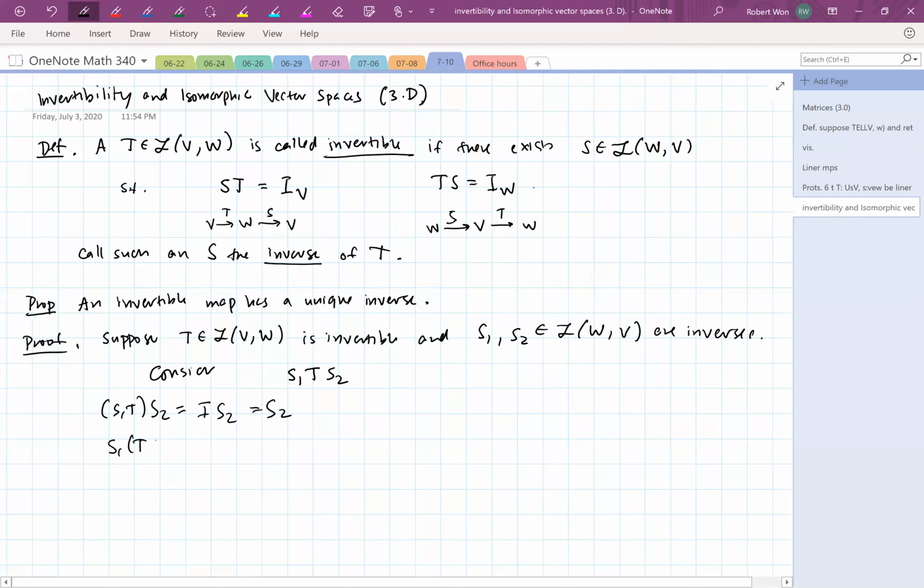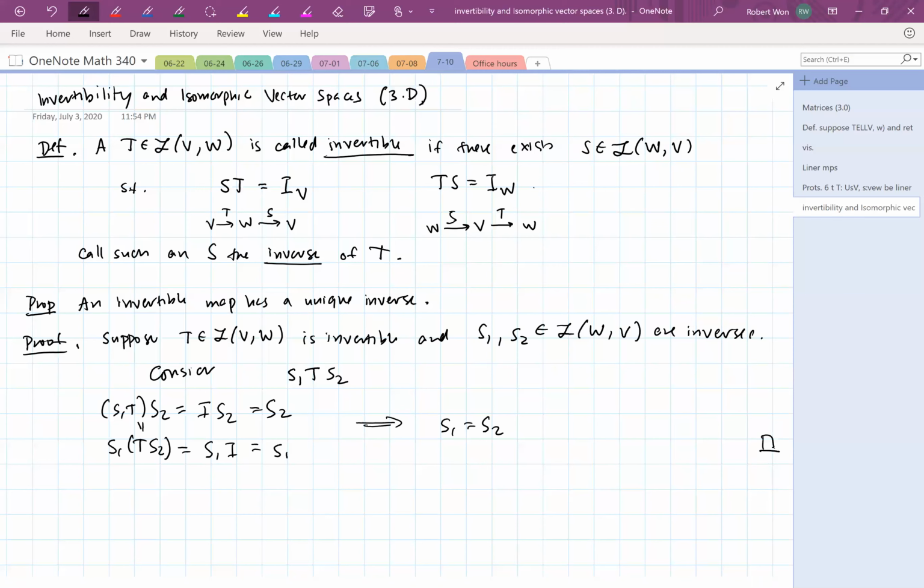Also S1, if you associate like this, you get S1 identity, which is S1. But these two things are the same, because function composition is associative. So altogether, we get that S1 equals S2. So even though we didn't make it an axiom that inverses are unique, it's actually just automatically true. It's a result.